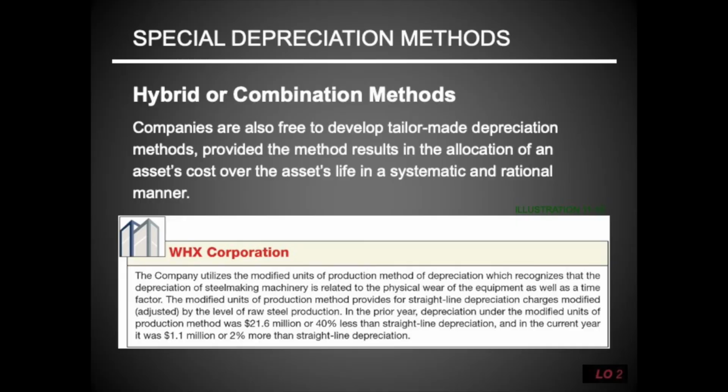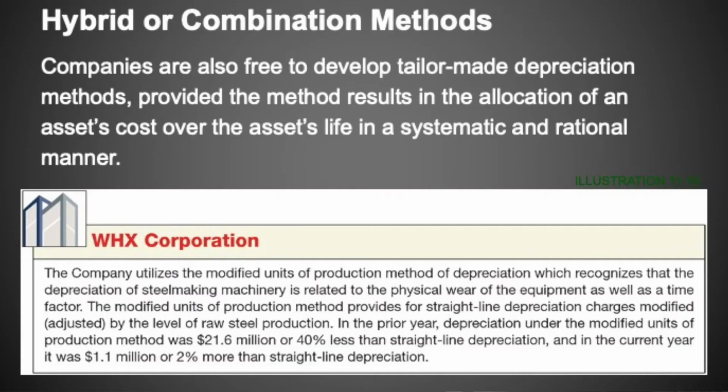There's also a composite method, or just any kind of a hybrid method, right? So anything that's, again, systematic or rational can be used. So you can combine methods. Maybe part of an asset depreciates routinely over time, so you want to straight line half of the cost and use production for the other half, for instance.